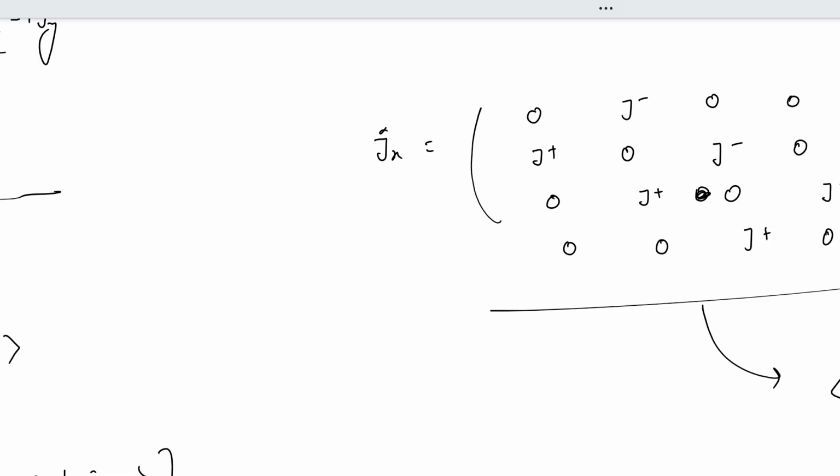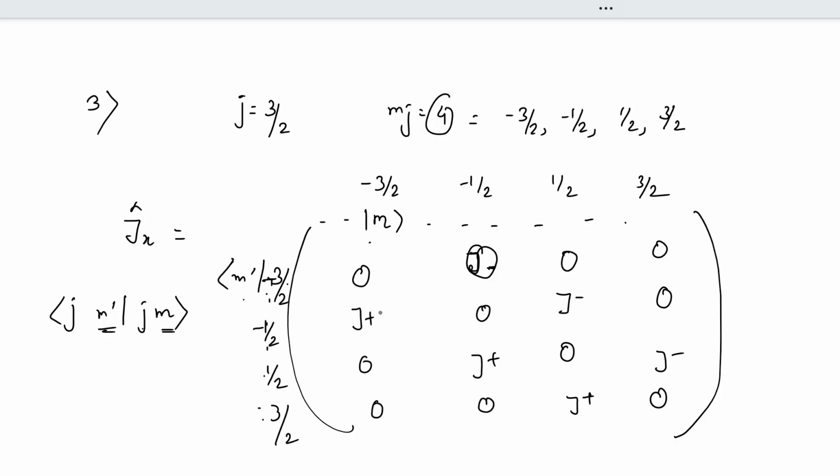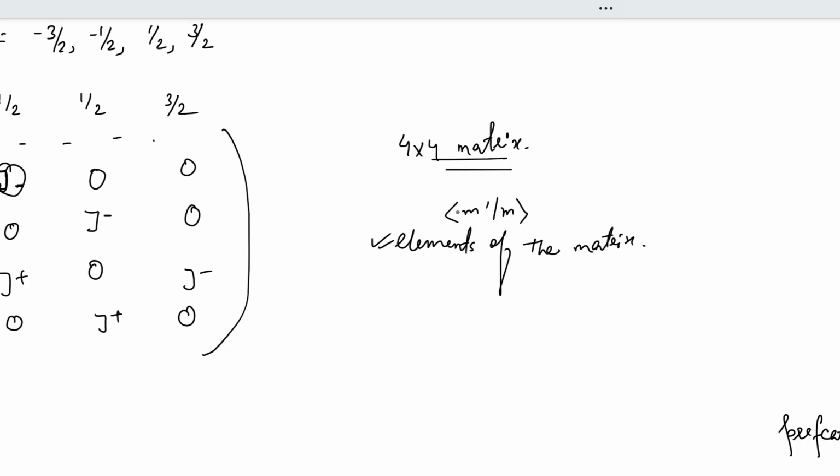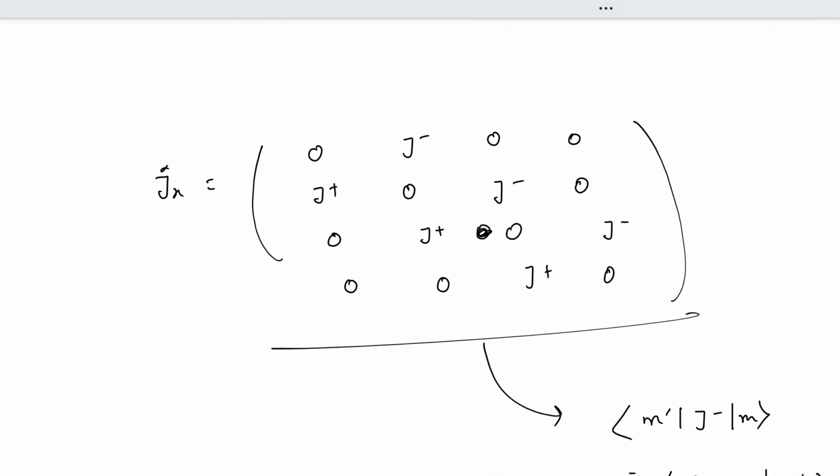m prime j minus m, here m prime was minus 3 by 2 and m was minus half. So m equal to minus half is the only thing that you need out here. As a prefactor, you know that this is h cut root over of j into j plus 1 minus m into m minus 1. So j is equal to 3 by 2. j into j plus 1 is 3 by 2, 3 by 2 plus 1.